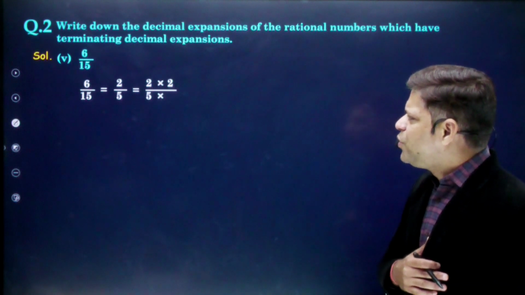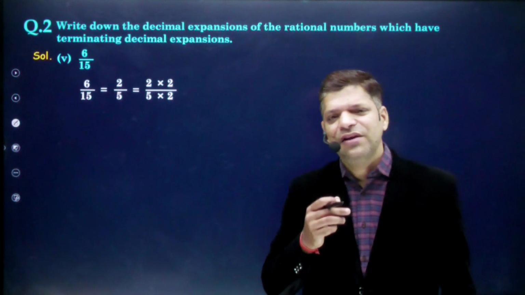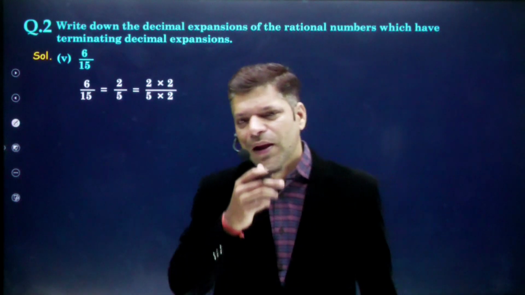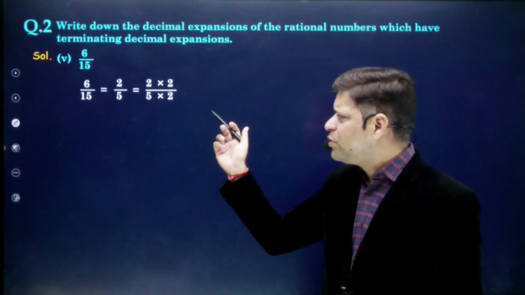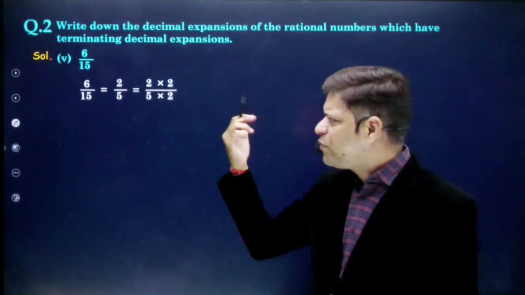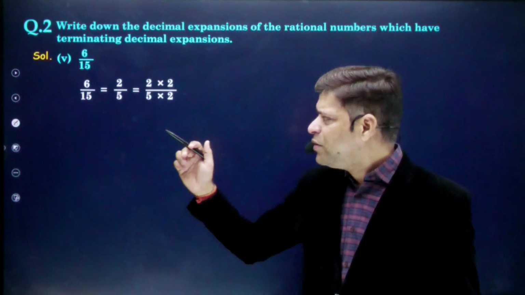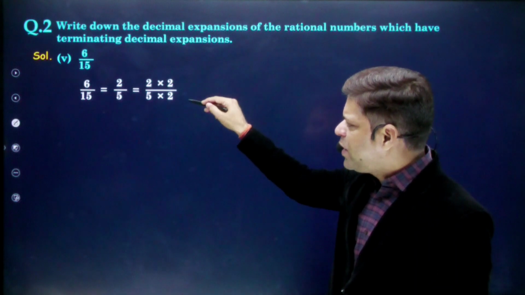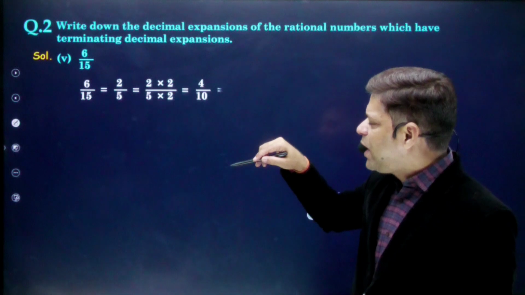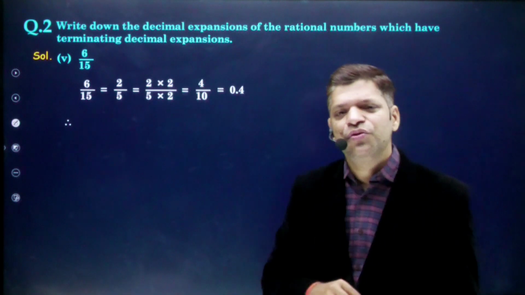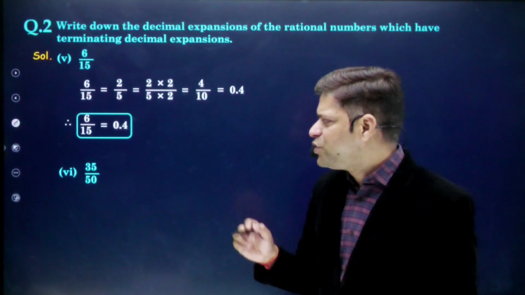And now 2 into 2 and 5 into 2. Why have we done this? Because 5 has the exponent 1, but 2 is not in the denominator, so we have to multiply the denominator and numerator by 2. Then it will be 4 over 10, and the decimal expansion will be 0.4. So 6 over 15 is equal to 0.4.